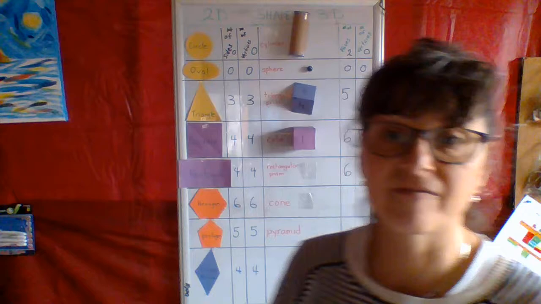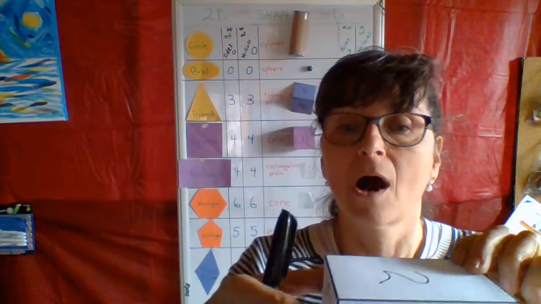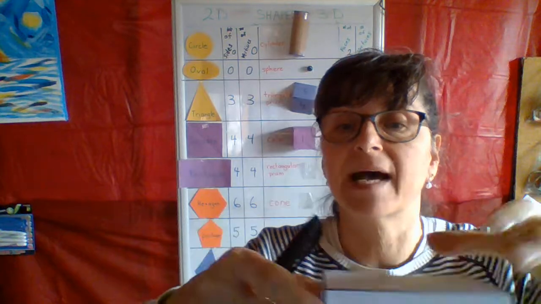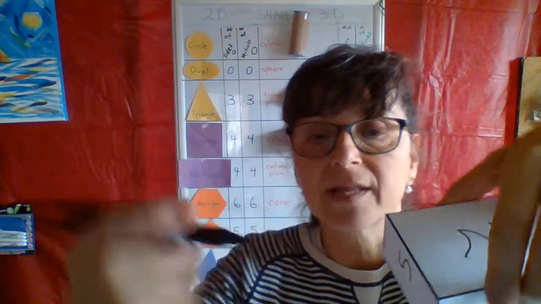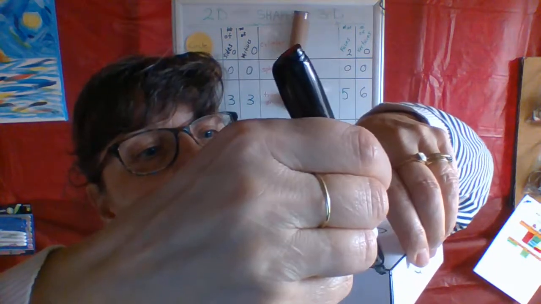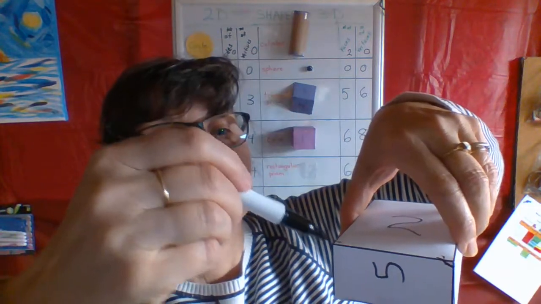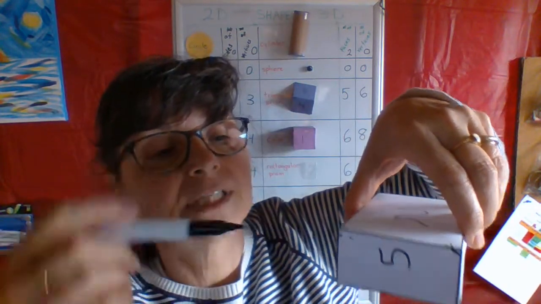Let's count how many vertices, so how many points or corners our rectangular prism has. So I'm going to start at the front. Oh, let's start this way. So I'm going to put little dots here to make sure I got all my corners. So that's 1, 2 vertices.